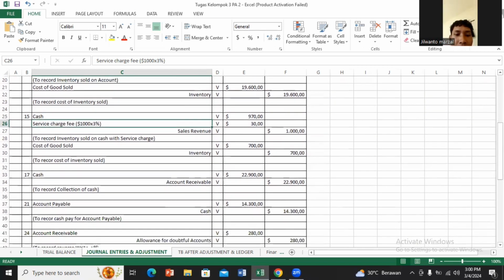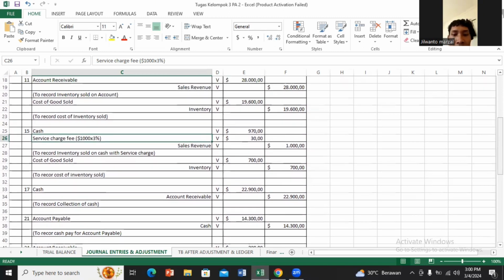On 15 January, Winter sold inventory that cost $700 to Lauber for $1,000. Lauber charged this amount to its Visa First Bank card. The service fee charged to Winter by First Bank is 3%. So we must calculate the service charge fee, 3% of $1,000, and the result is $30.